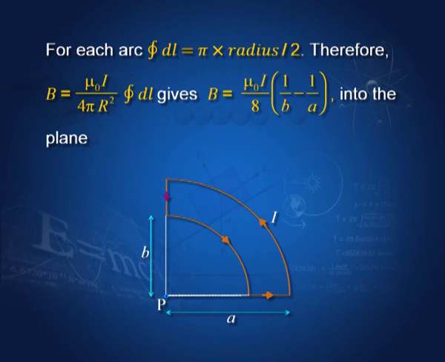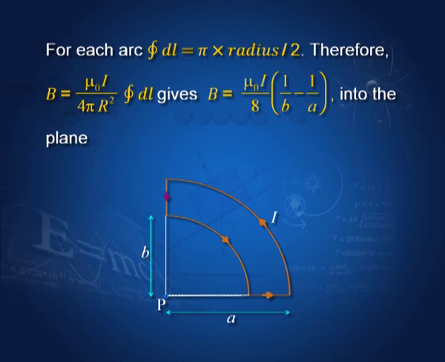The integral of d l would be simply pi into radius by 2. For a semicircle it was pi r, for a quadrant it is pi r by 2, and therefore, B becomes this. Now, for this radius B, it will be mu 0 I by 8 into 1 by B, and this radius is A. So, it will be mu 0 I by 8 into 1 by A.